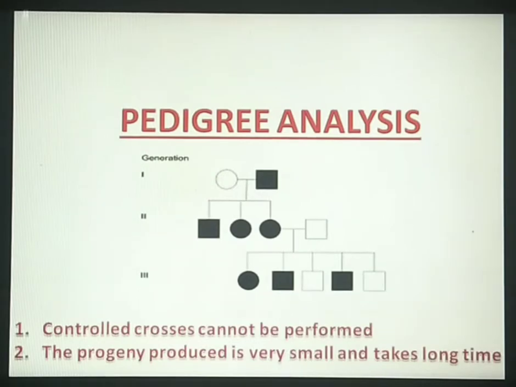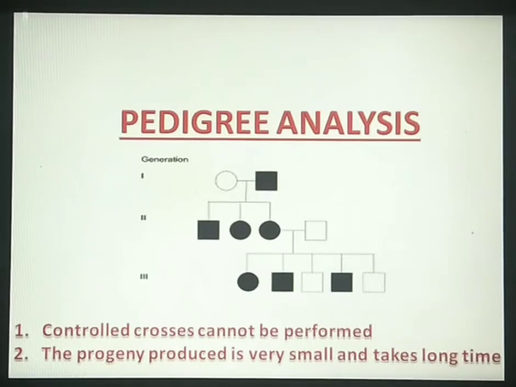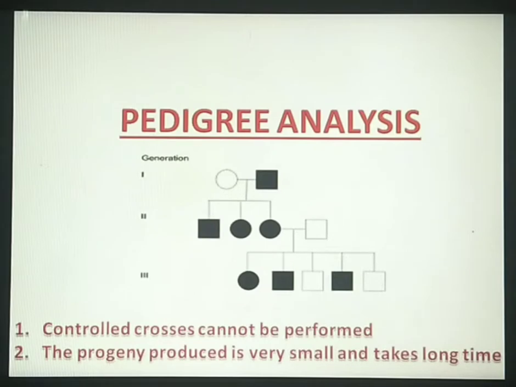First, controlled crosses cannot be performed as was done in Mendelian experiments or the experiments carried out by T.H. Morgan, wherein cross hybridization could be carried out with ease. The second reason is that the progeny produced is very small and takes a longer time.